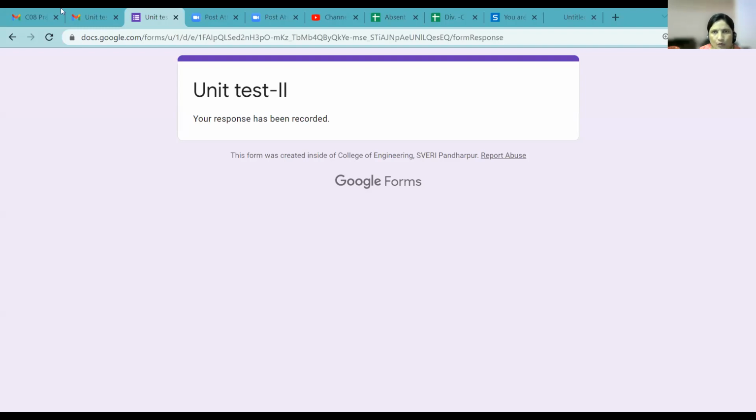Okay. Now we are going to solve the examples of expansion of functions, and in that indeterminate forms. त्याच्यामधला एक शेवटचा पार्ट राहिलाय, indeterminate form.